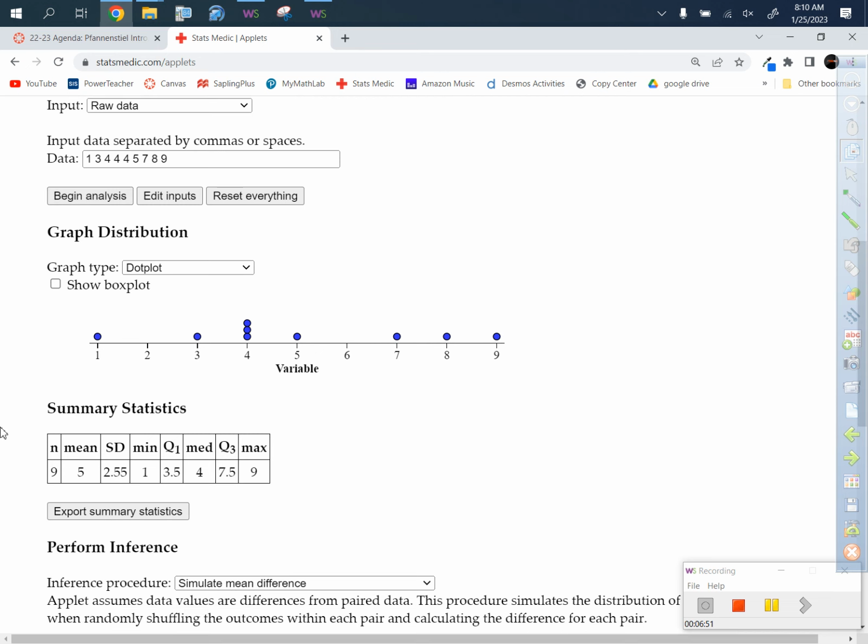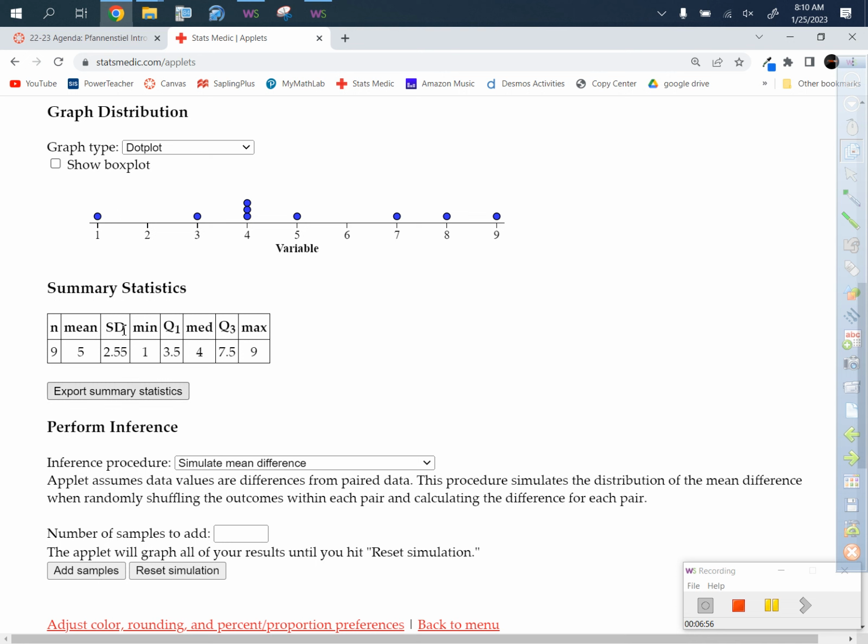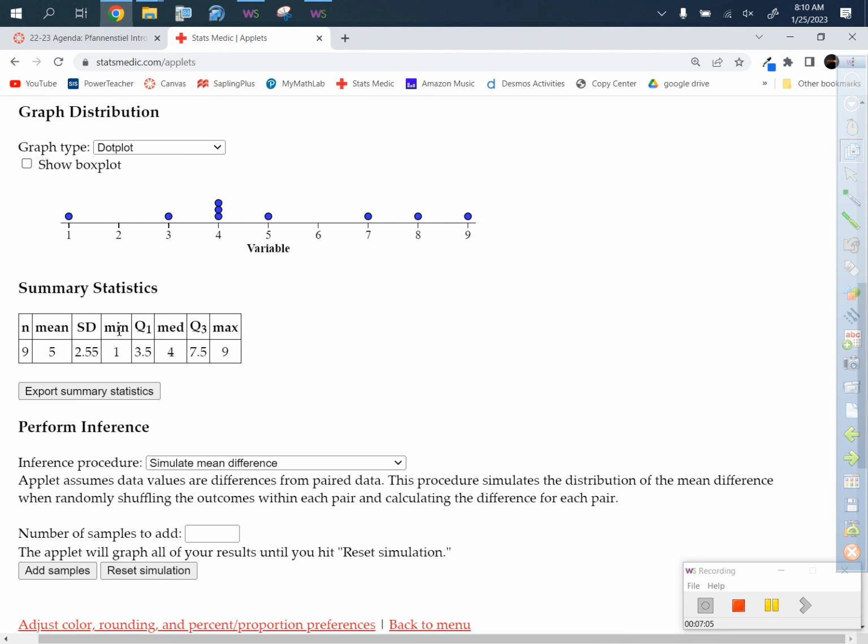This is what we're after, all those stats. For the standard deviation, they don't even use those symbols like the s sub x and the little sigma. It's SD. So our standard deviation, did you get that 2.55 on yours? Some of you might be rounding to 3 decimal places. That's cool. You can set this up to round to however many decimal places you want.